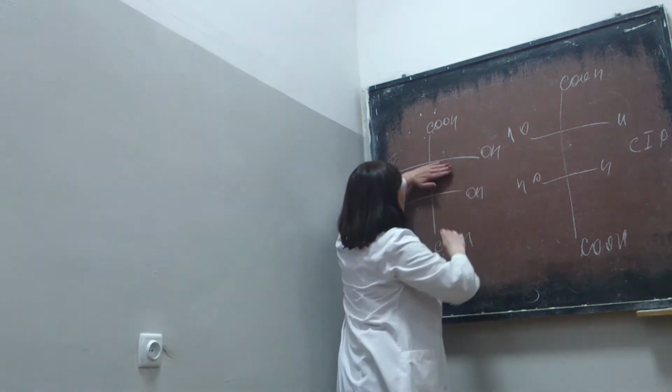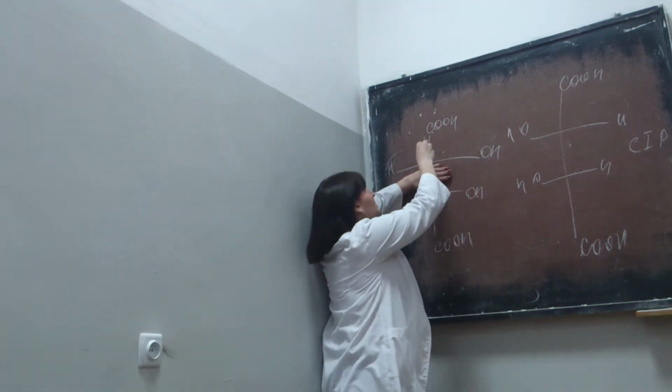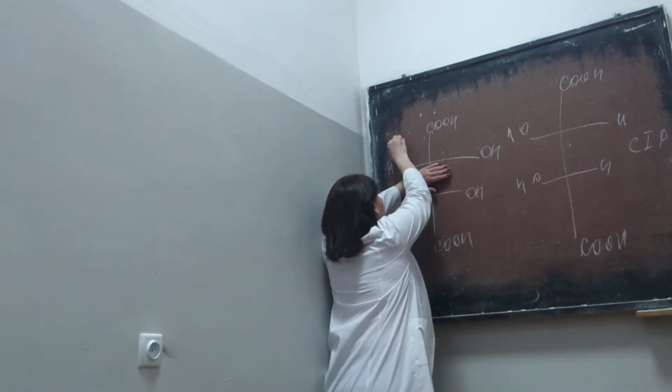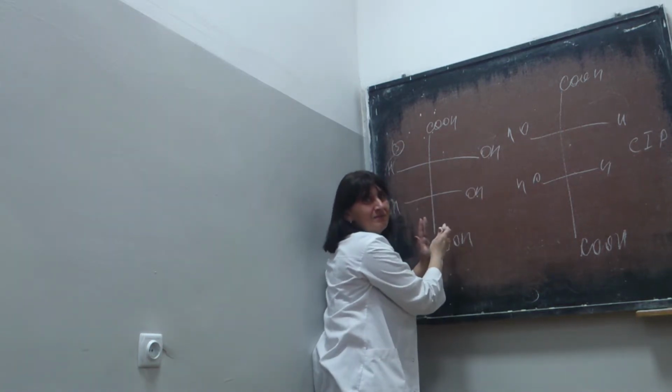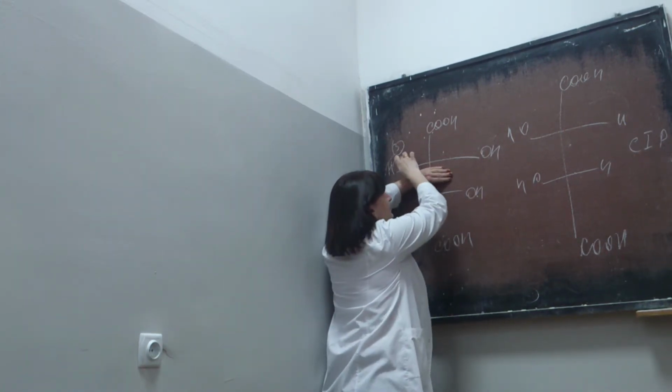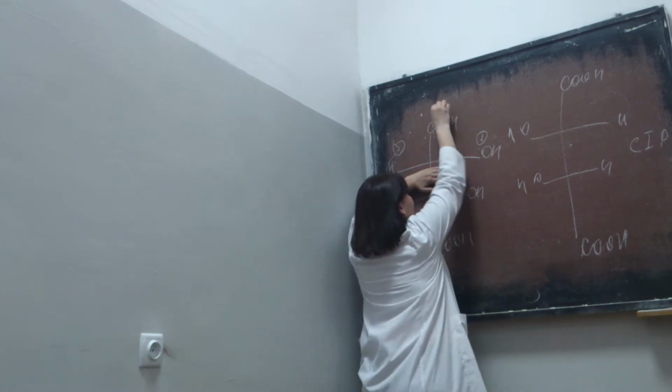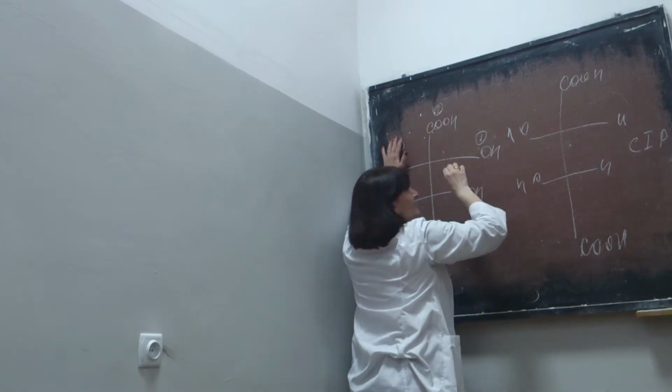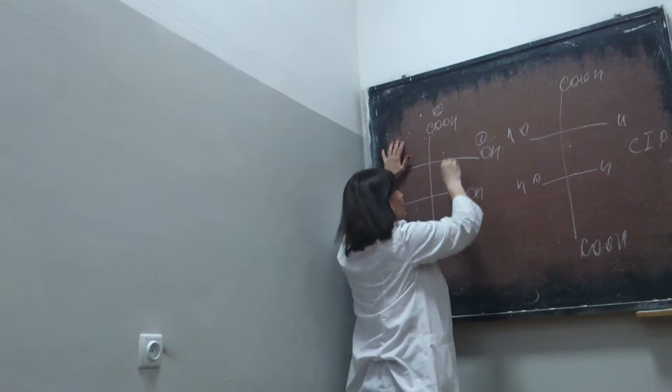Now, first of all, let's discuss this one. This is number 3. Don't look at this part. This is number 1, this is number 2. Don't look at the lowest group's priority. 1, 2.